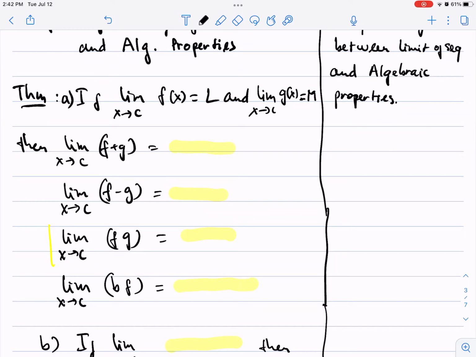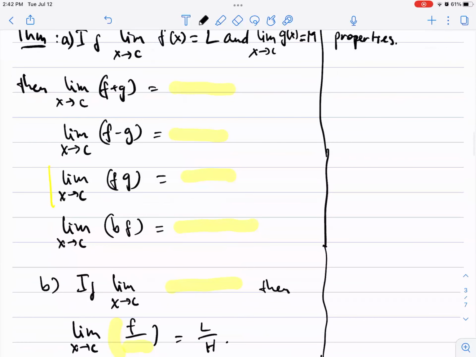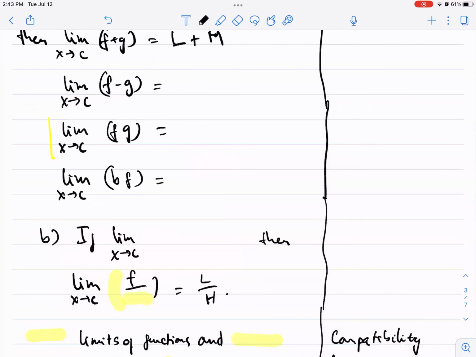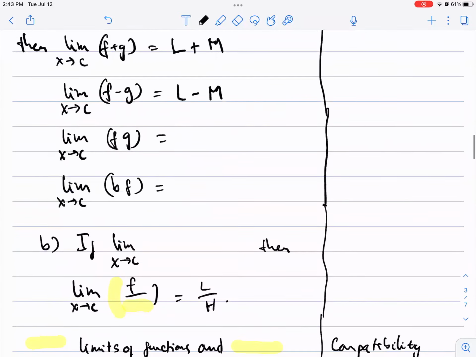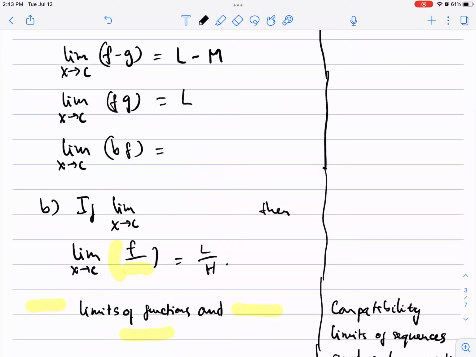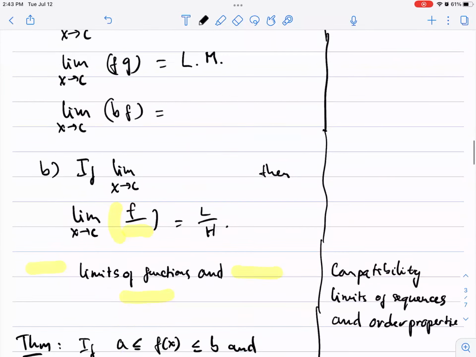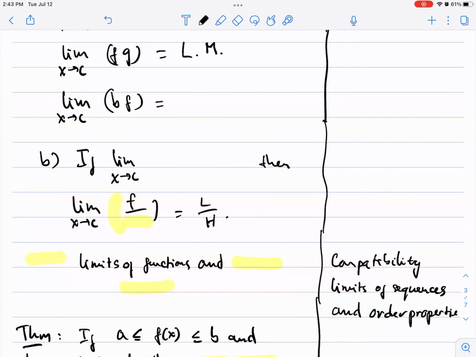Part A says that if the limit of f(x) equals L and the limit of g(x) equals M when x approaches c, then the limit of f plus g is gonna be equal to L plus M. The limit of f minus g is equal to L minus M. The limit of f times g is equal to L times M. The limit of b times f for some constant b is going to be equal to b times L.